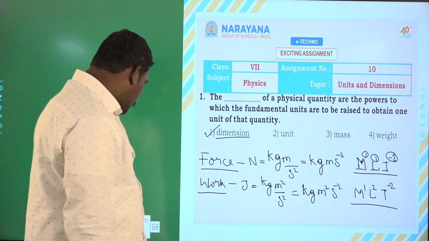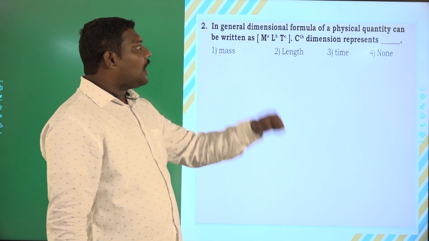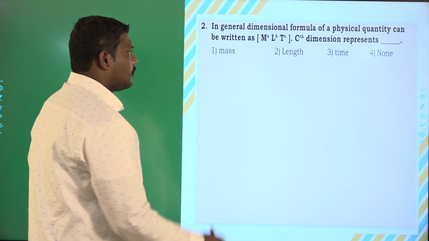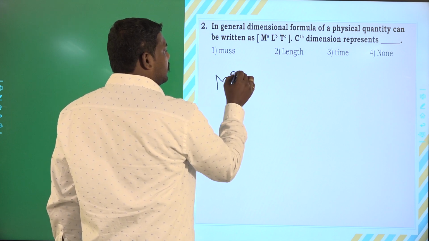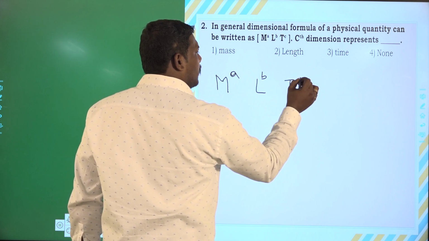Okay, now let us go to the second question. Here, in general, the dimensional formula of a physical quantity can be written as M power a, L power b, T power c.